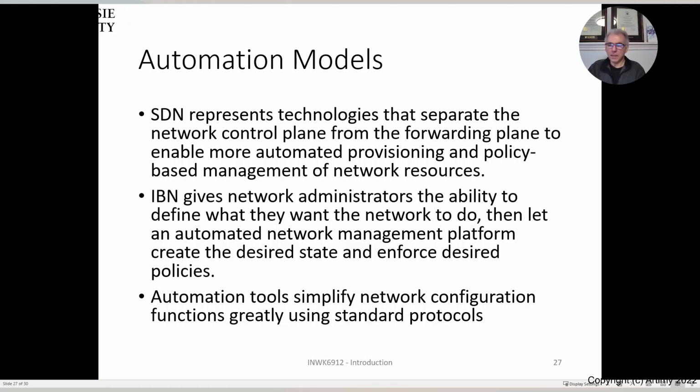Each one of them is not good by itself. The CLI can allow us to do a lot of things, but every device has its own CLI. Different vendors have different commands. Even the same vendor, if you want to configure a Cisco switch and a Cisco firewall, you will see a different set of commands.